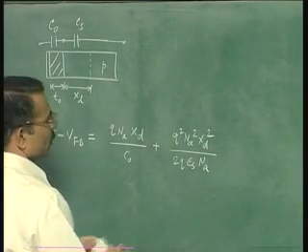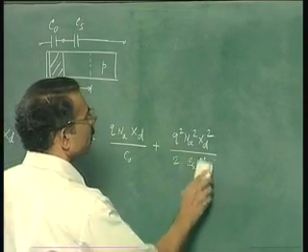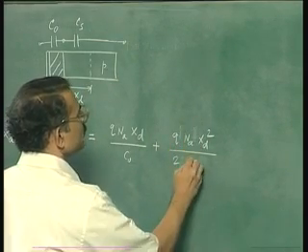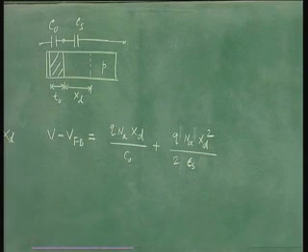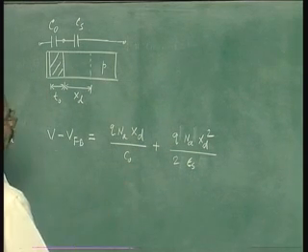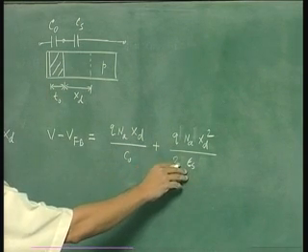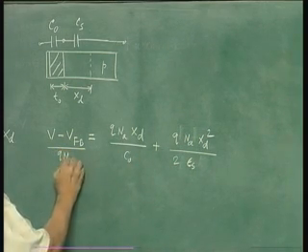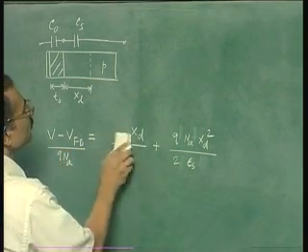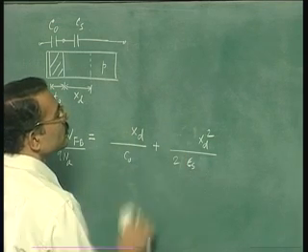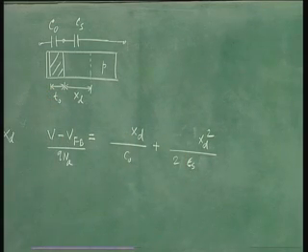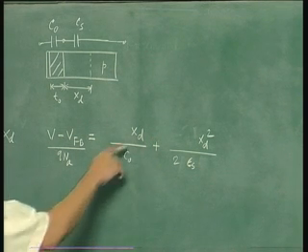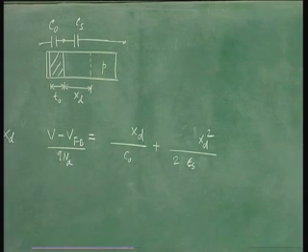Here we can cancel Q and Na, and then we divide both sides by Q times Na, and now you get this equation. So this gives you Xd as a function of voltage.